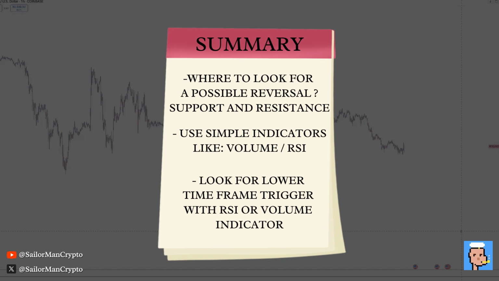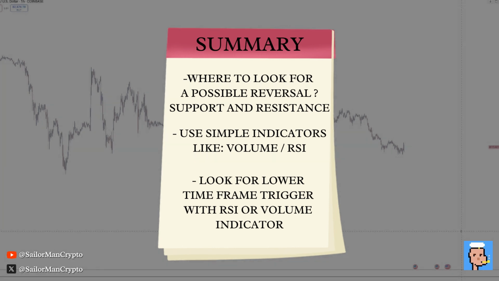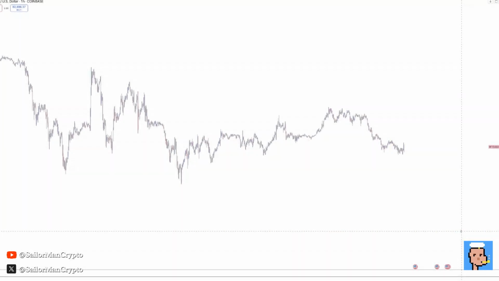If this range breaking is happening not in a continuation, but in a reversal, this could be a good sign, a further sign of a potential trend reversal. So hope everything is clear. This was very short, but I hope a very condensed piece of information and explanation on the trend reversal.